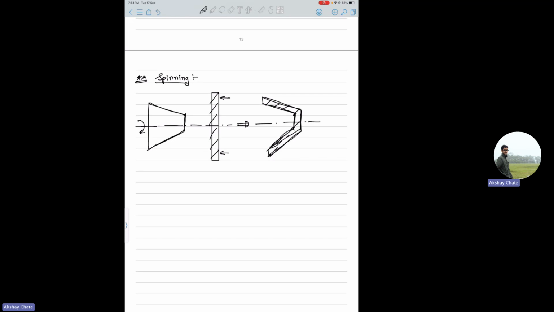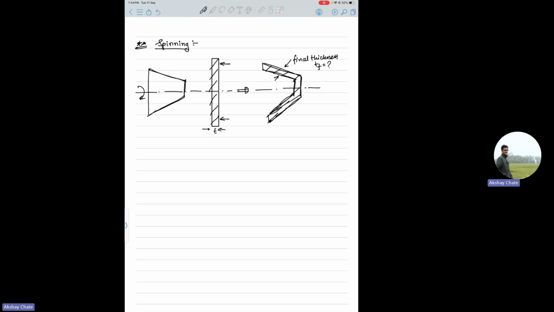So here one important question asked is, if this is your initial thickness, let's say T, what will be the final thickness, let's say TF? So that is the kind of question.